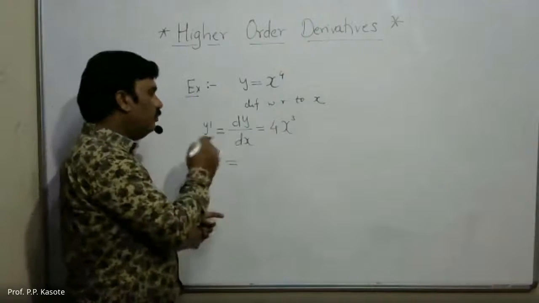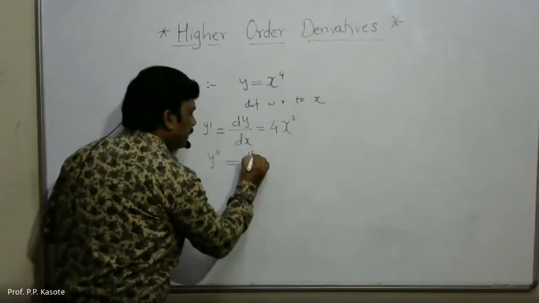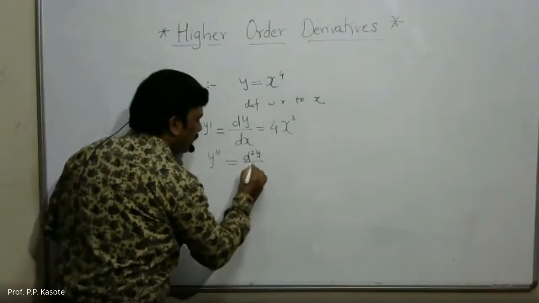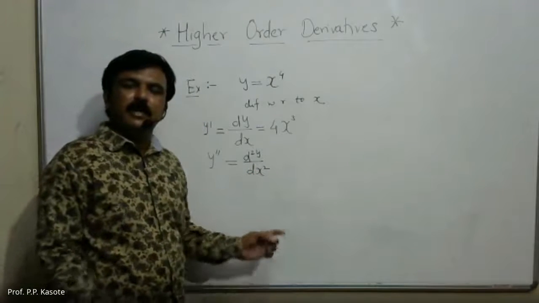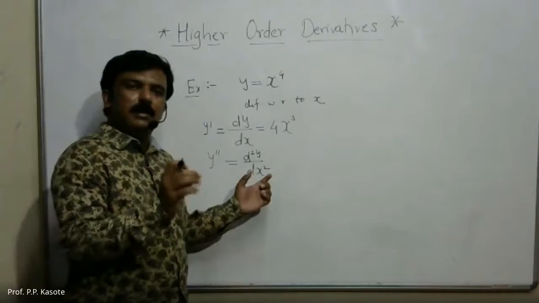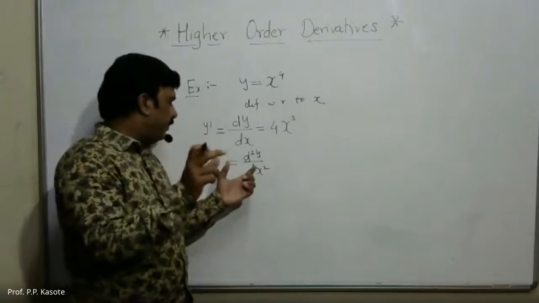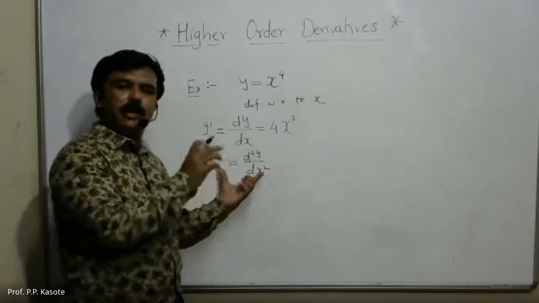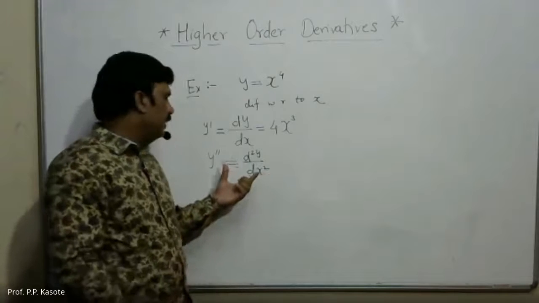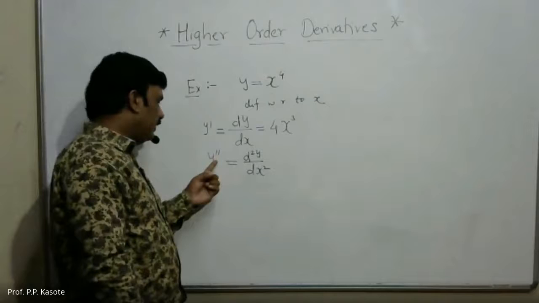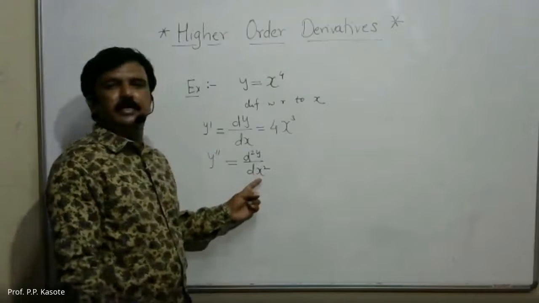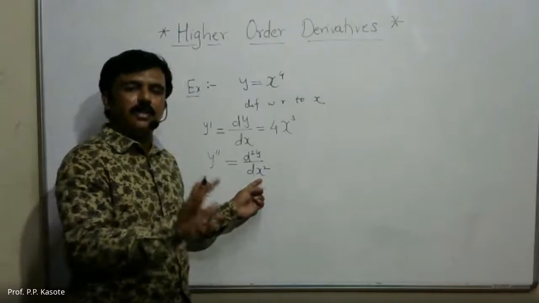We write it as d square y upon dx square. We are writing two different ways of writing the derivative at a time, so please don't get confused. Either you can use y dash or dy by dx, y double dash or d square y upon dx square, as per our convenience or requirement.